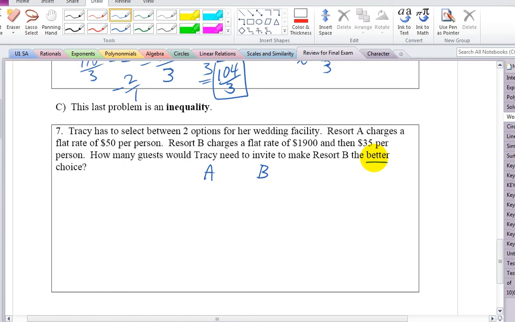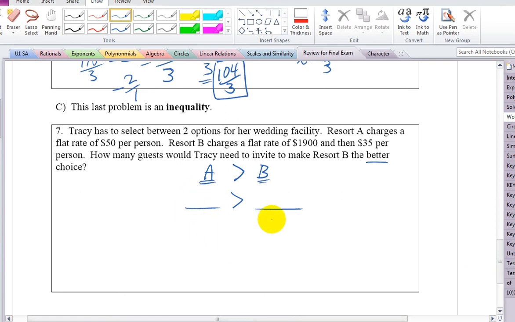Less. So which way should the sign point to show that Resort B is less? You have to really think about which way the sign should point. Now you can figure out an equation for the A and B side. Go for it.